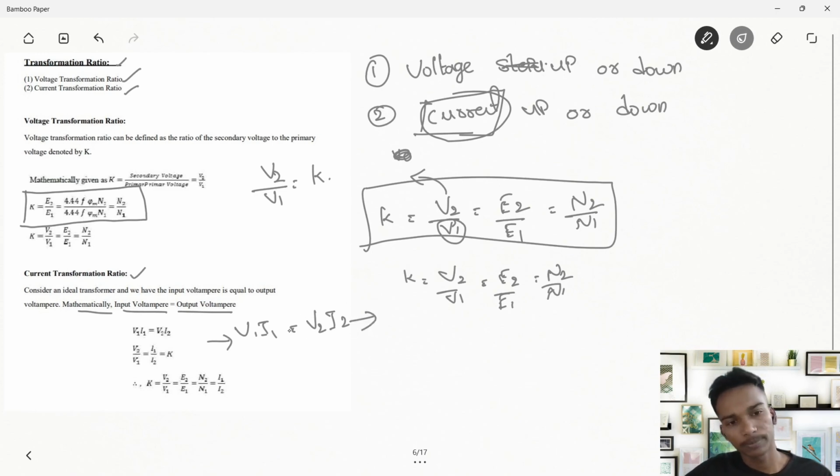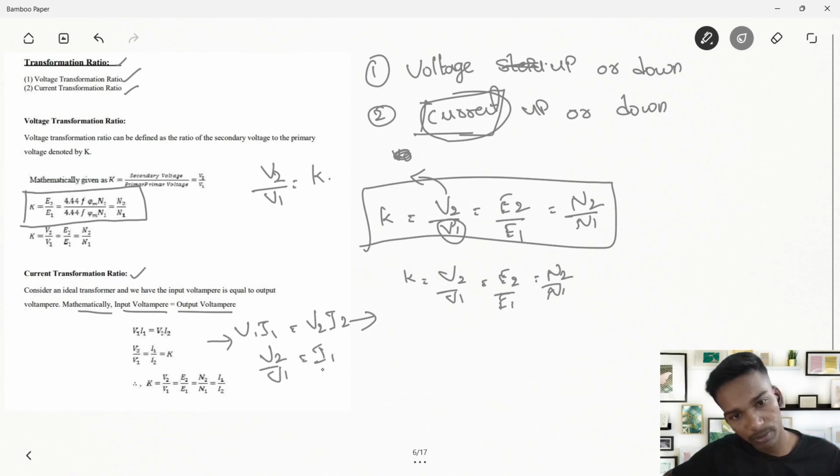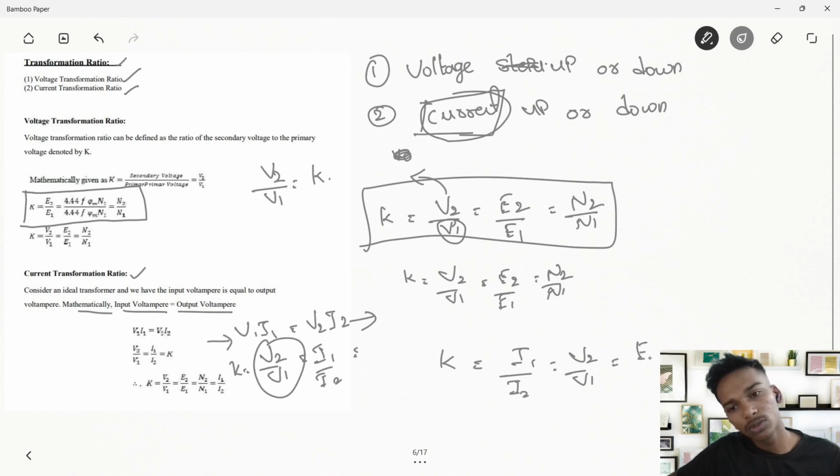Then V2 by V1 can be written as I1 by I2. But we know V2 by V1 is K. So K is equal to I1 by I2, equal to V2 by V1, equal to E2 by E1, equal to N2 by N1.